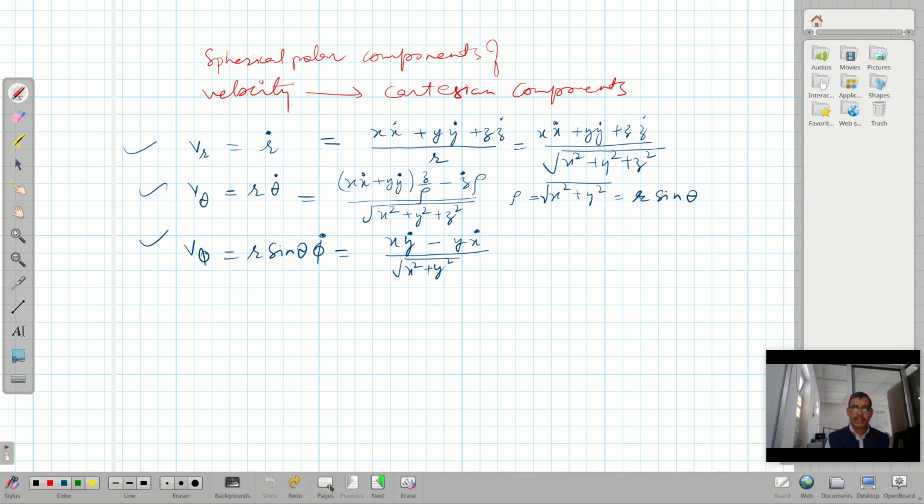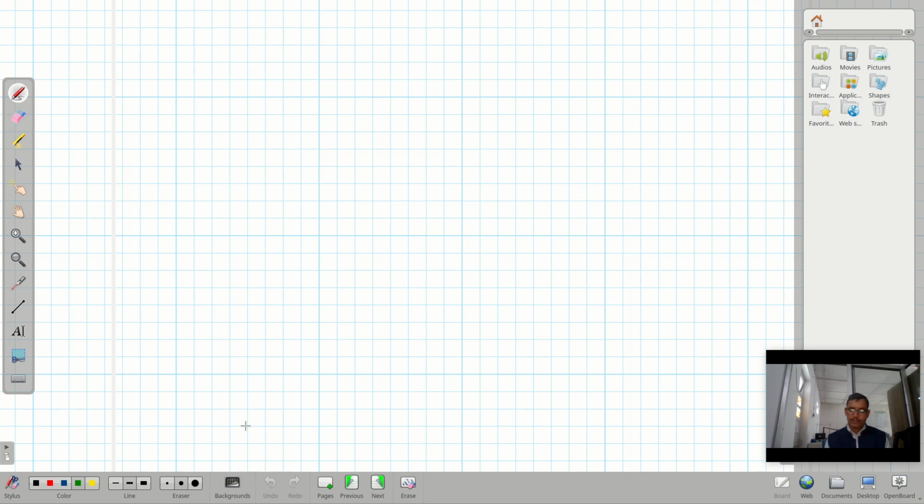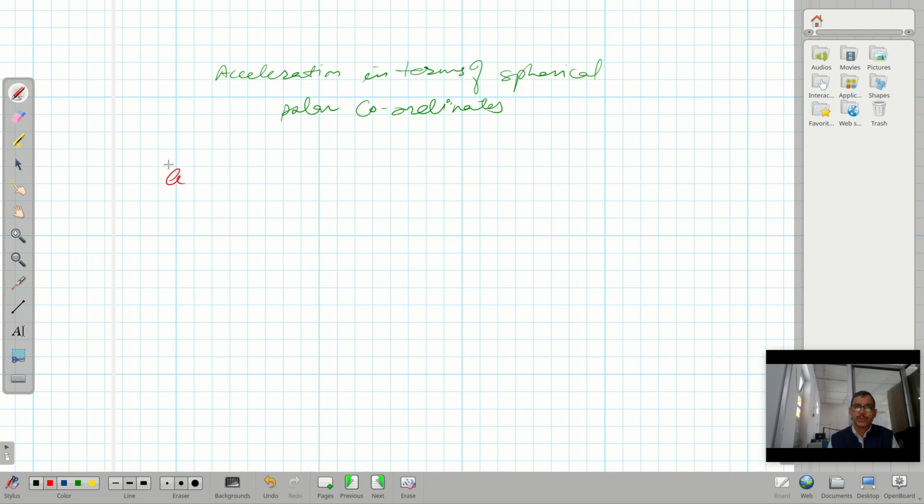So today we will derive the expression for acceleration in terms of spherical polar coordinates. As we know, acceleration is the rate of change of velocity.